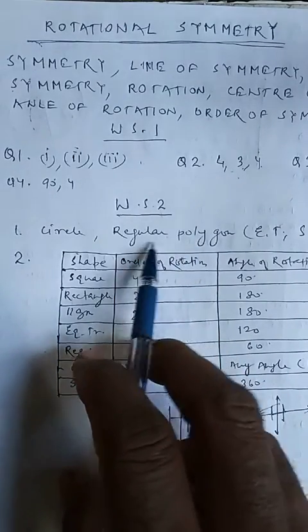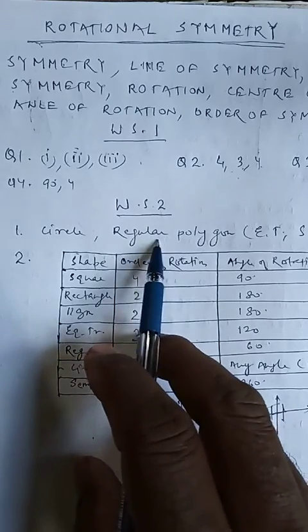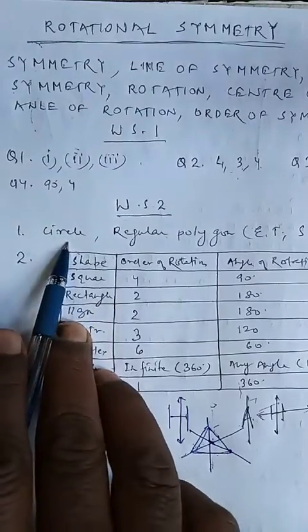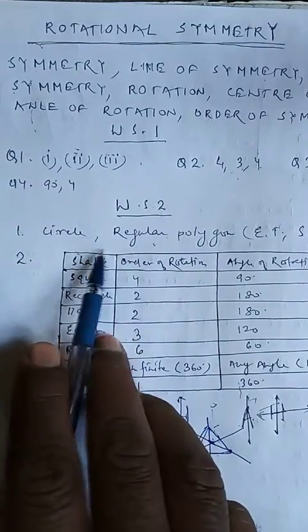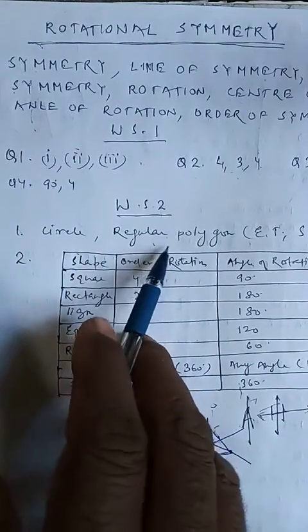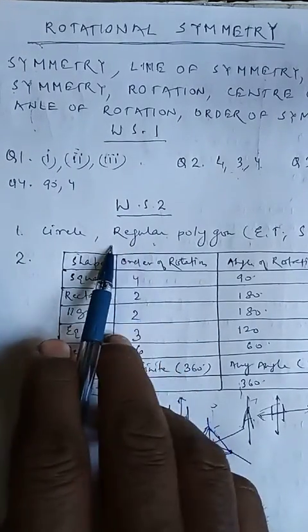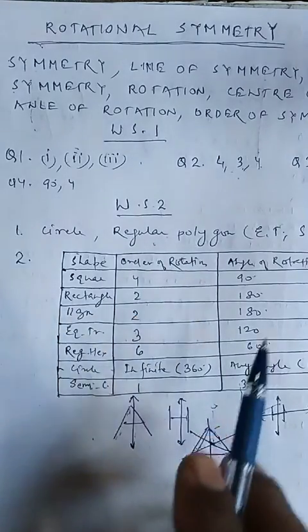These are the figures, but you have to name any one. So it is better to write equilateral triangle and circle as the two figures which have both line symmetry and rotational symmetry. Or you can write circle and square.